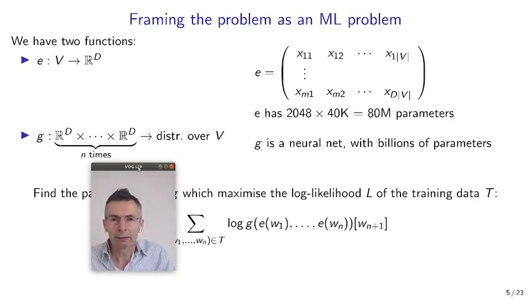So how is that going to work? Well, as mentioned, we've got this function E that maps V to this d-dimensional vector space. So we've understood that. And then I also mentioned we have this generation function G. The idea of G is that it's going to give us back, for a sequence of n words, a probability distribution over the vocabulary.